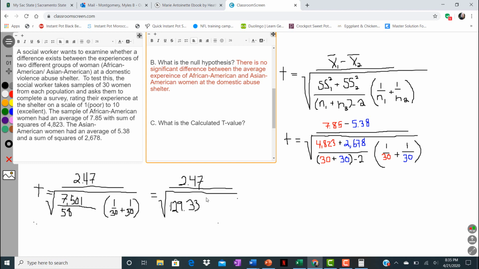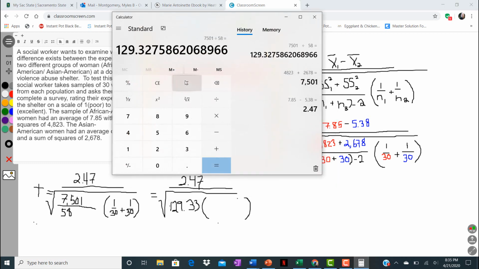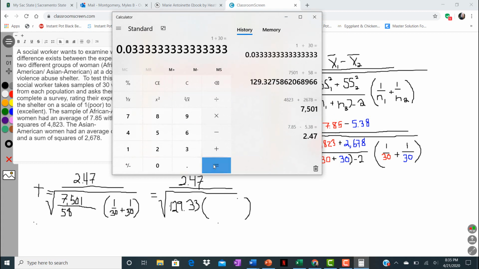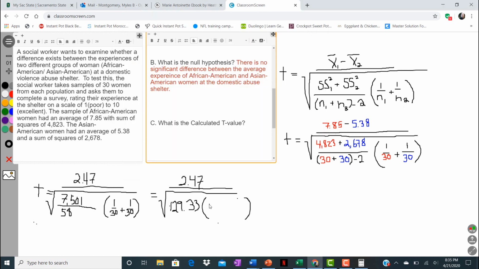But we still have to do what's in the parentheses here. Clear. 1 divided by 30. What's that number going to be? Ah, that's an easy number, isn't it? 0.03 plus 0.03.